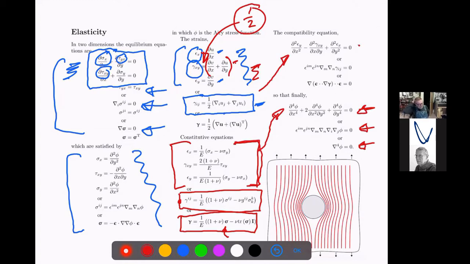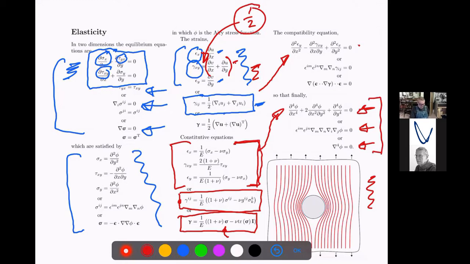So you can get quite a lot of understanding about stresses in 2D from plate bending. And this picture here is just an example of the stresses that you get around a circular hole, where essentially what you have to do is to solve this equation, the biharmonic equation, in polar coordinates.